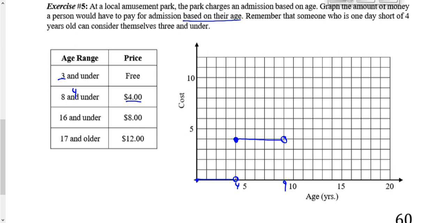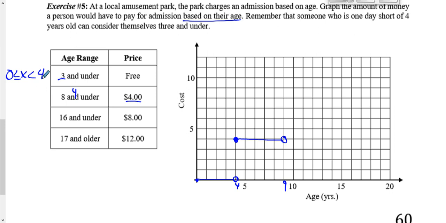Make it look a little bit like a piecewise. What if I said that this interval is from age 0 to less than 4? What if I did it like that? Because at 3 years and 11 months, you're still 3 years old, right? So open circle on 4.